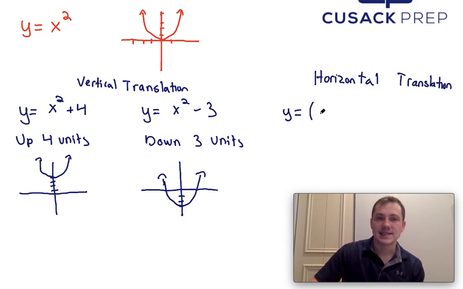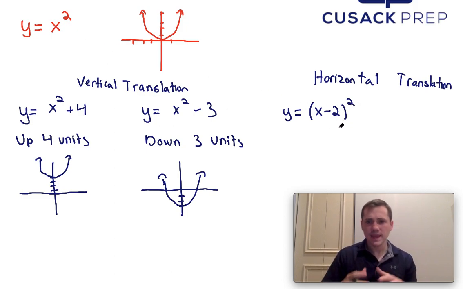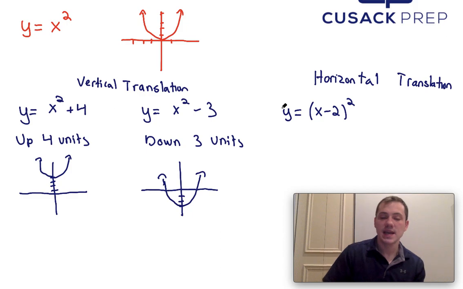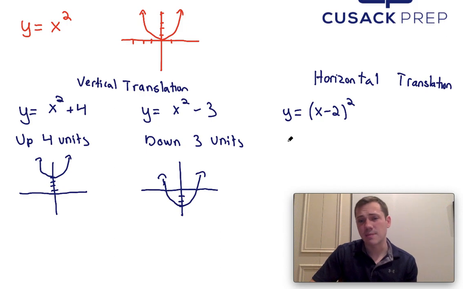What I mean by that is instead of y equals x squared, maybe I have y equals (x minus 2) squared. So the x has been replaced with x minus 2. Anytime you have parentheses and something being added or multiplied by the x inside of those parentheses, it's usually a horizontal translation. And how vertical translation makes sense, horizontal translations don't. They just do the opposite.